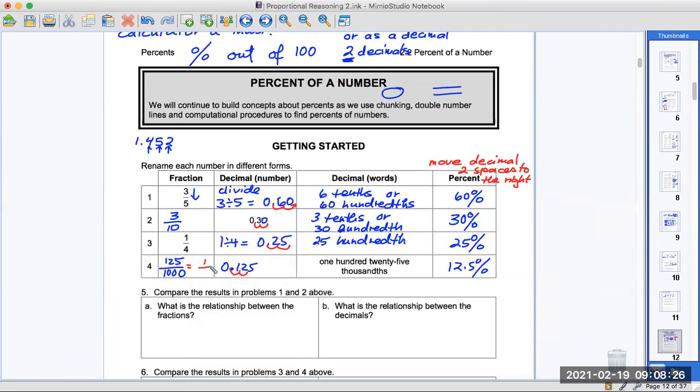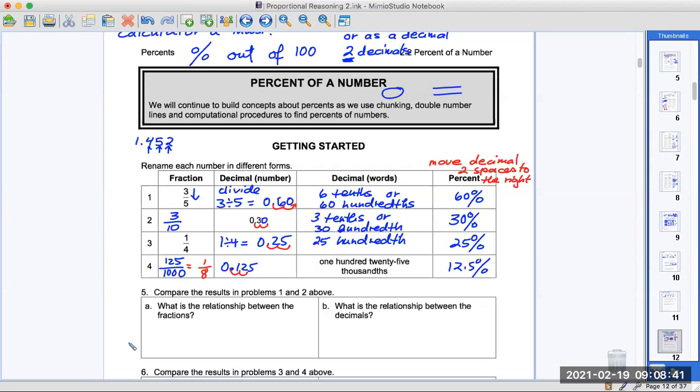No, you can divide actually by 125. Yep. And reduce it to 1/8. Okay, so 1 out of 8 parts is 12.5%.